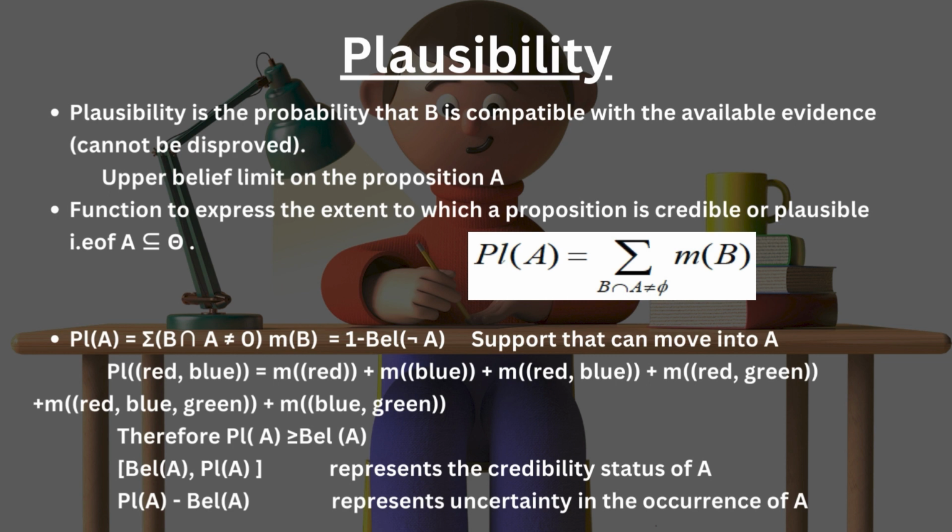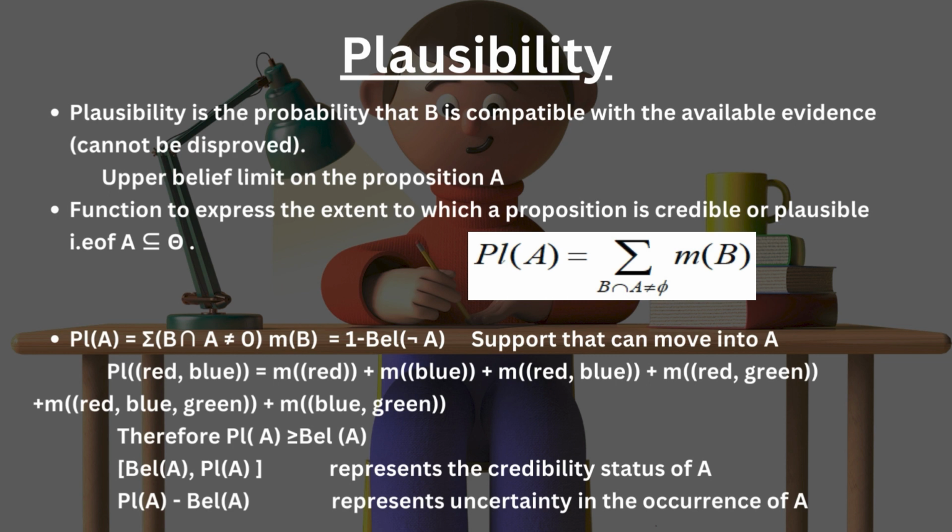It is calculated by summing the basic probability assignment m for all subsets B where there is a non-empty intersection with A. It represents the support that can move into A.